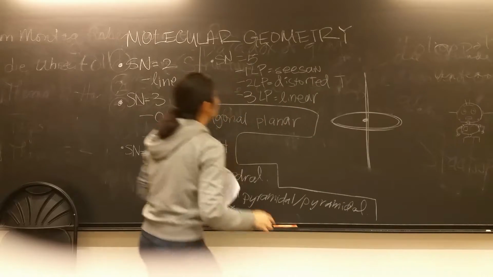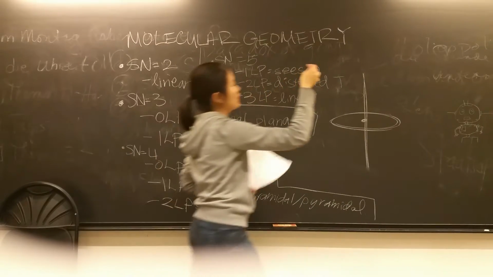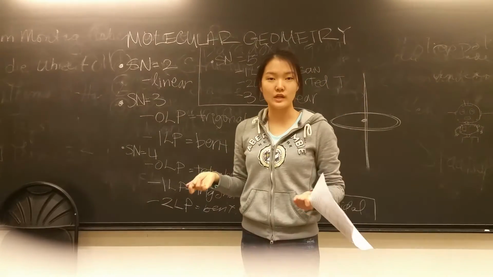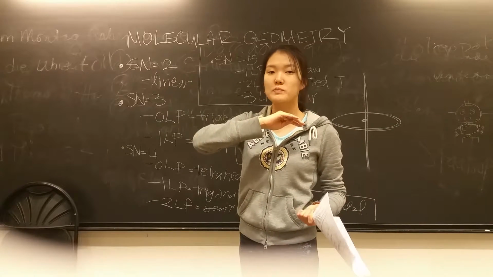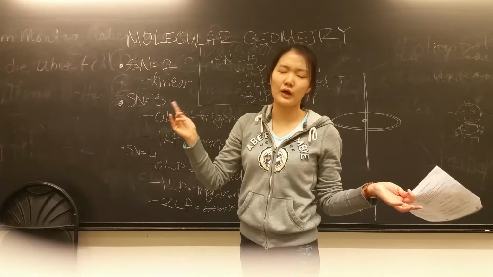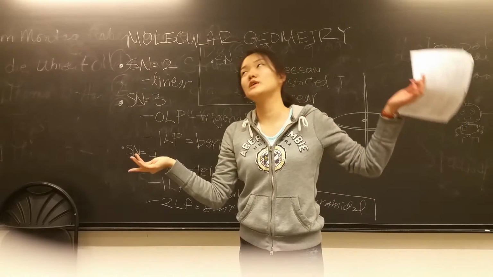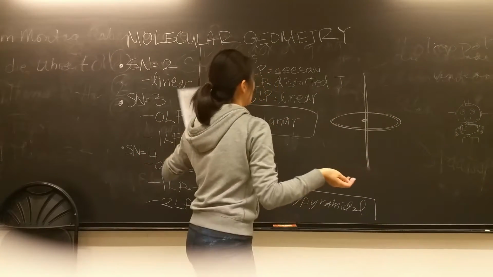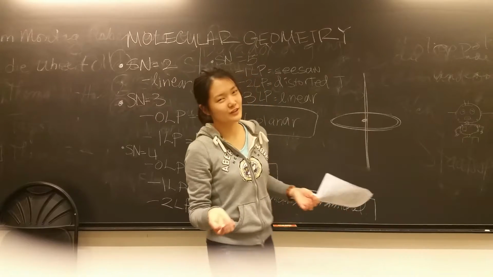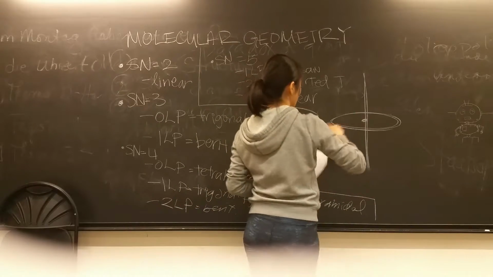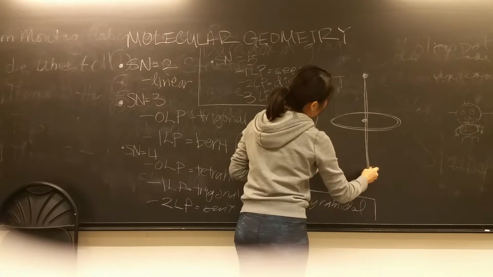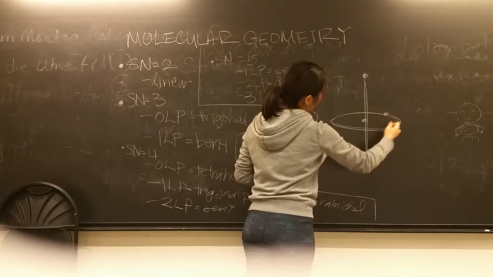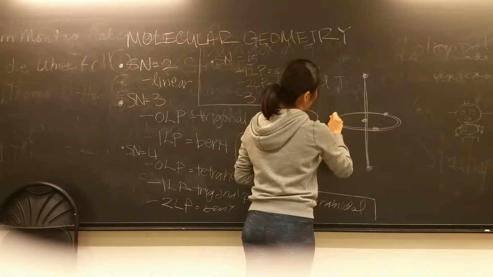So if we have a lone pair, and we already established that all these lone pairs are going to go on the equatorial positions first. It's not going to bother with the axial position because that would take way too much energy in relation to if they went to this plane part. So atom, atom, atom, atom, and atom.